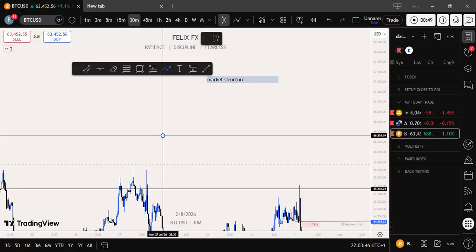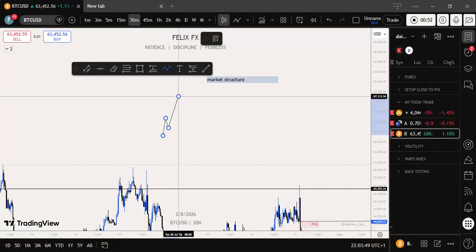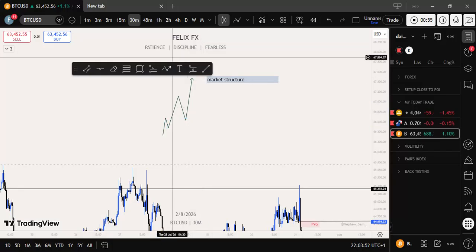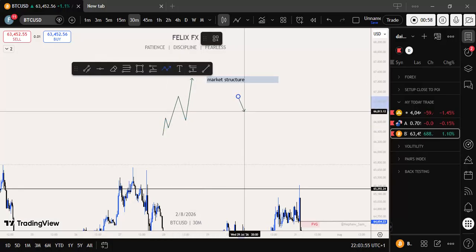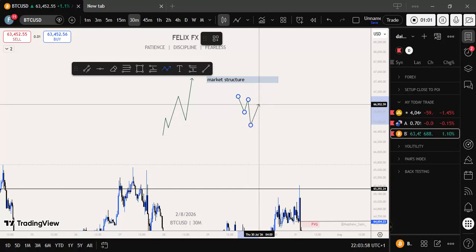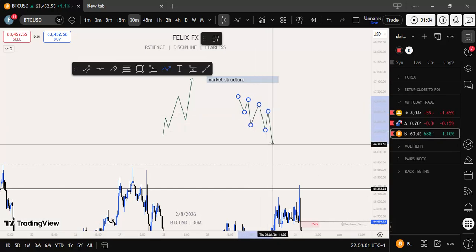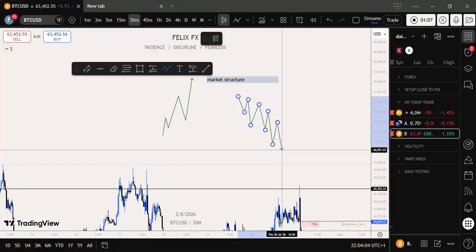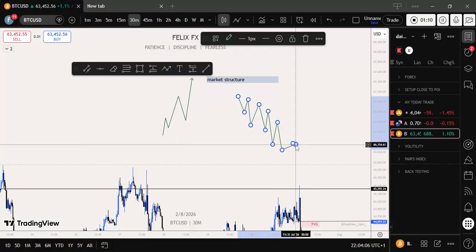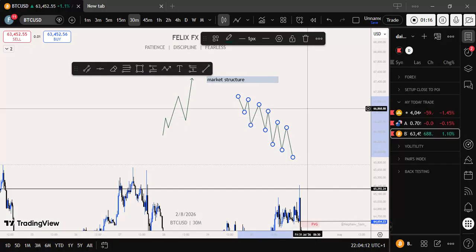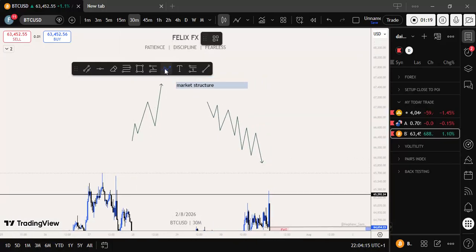They have uptrend, they have downtrend, and we have the ranging markets. The market is moving sideways. It's not making any improvement, just sideways.